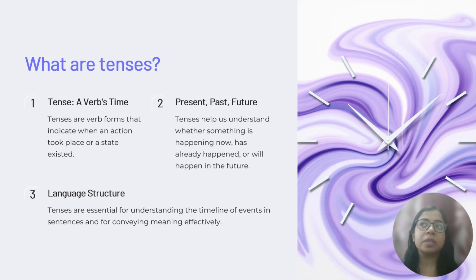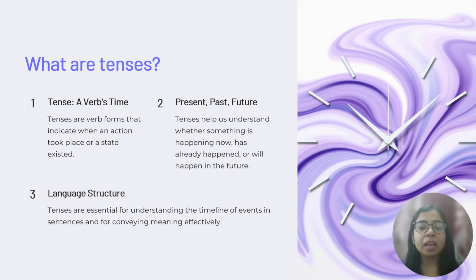Suppose I'm saying she was sleeping, so here the verb is sleeping. When we say she was sleeping, वो सो रही थी, मतलब ये काम पहले हो रहा था. This action was happening in the past. So it tells about a verb's time.